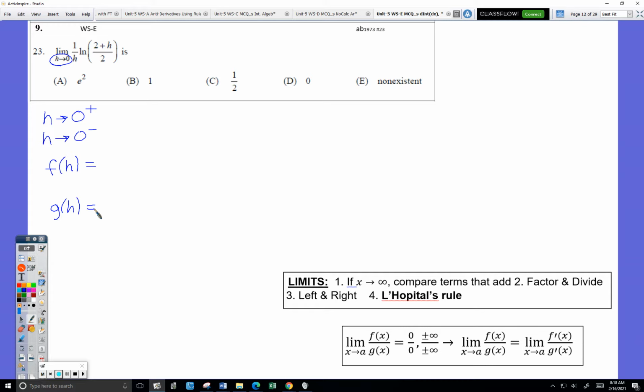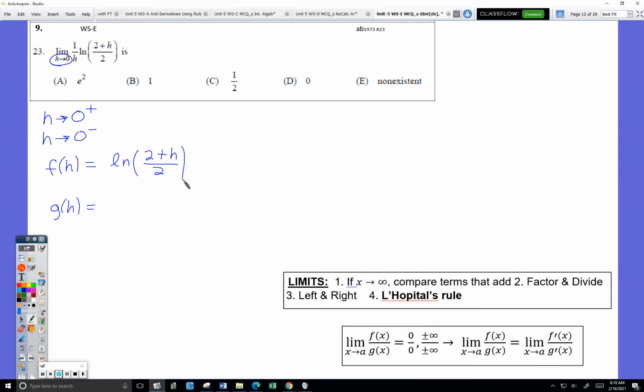Let's go, Nelson. The ln of 2 plus h. This is all inside the ln, so I've got to take all of it. So that's my f. Okay, how many saw it? 0.3 for Nelson. And then do you see the g, Nelson?